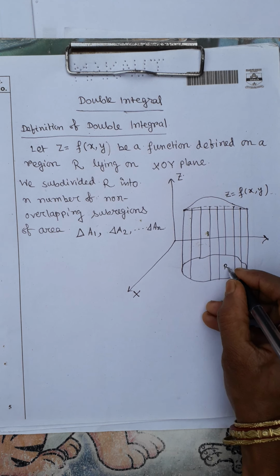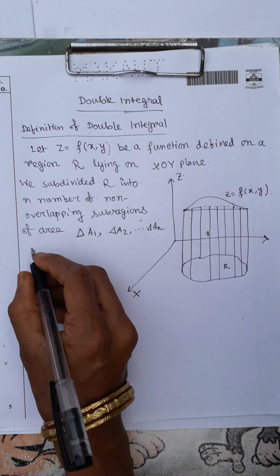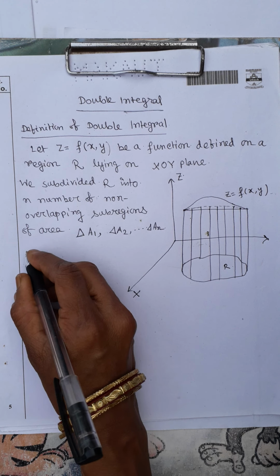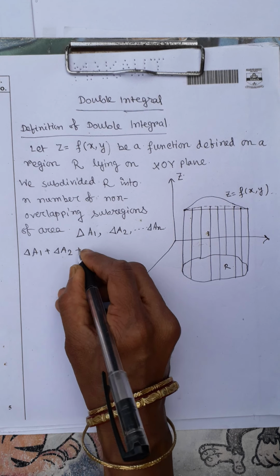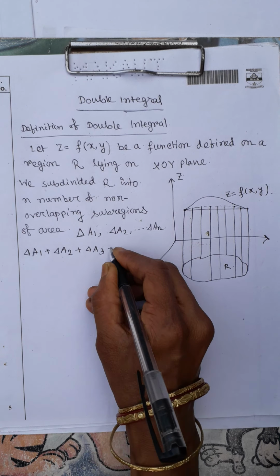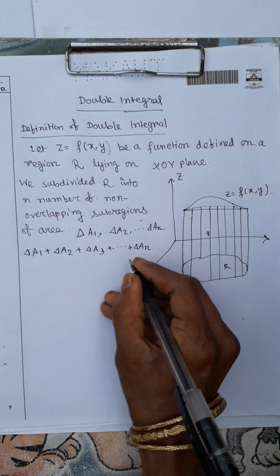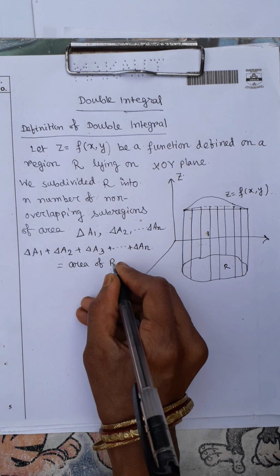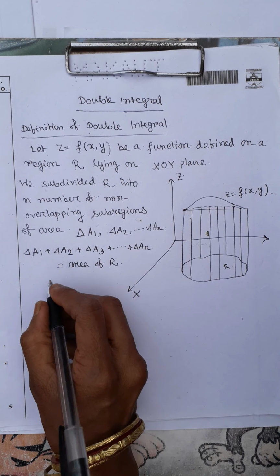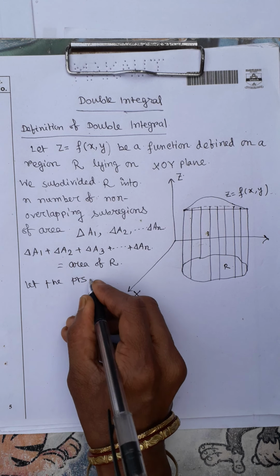Okay, so this is R. Now here delta A1 plus delta A2 plus delta A3 up to delta An is equal to the area of R.